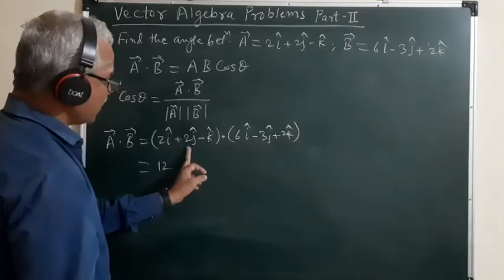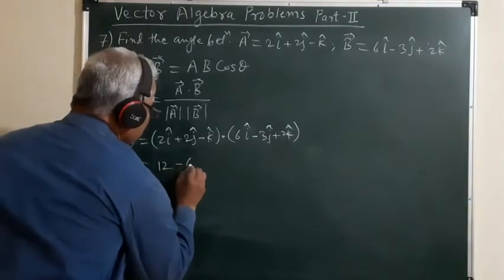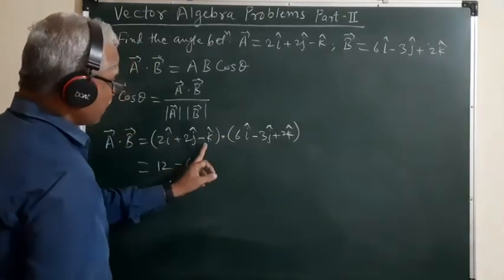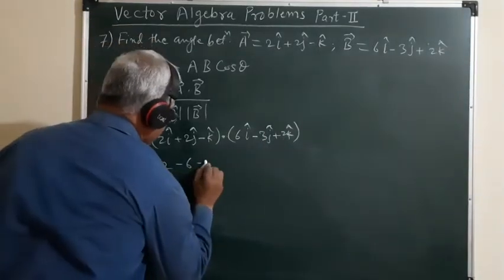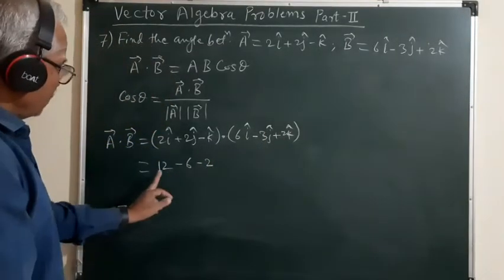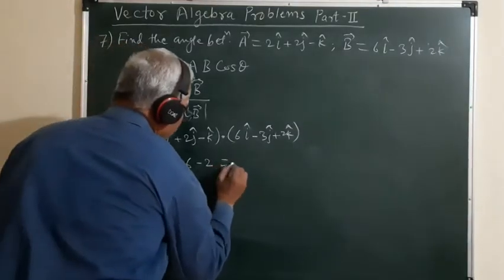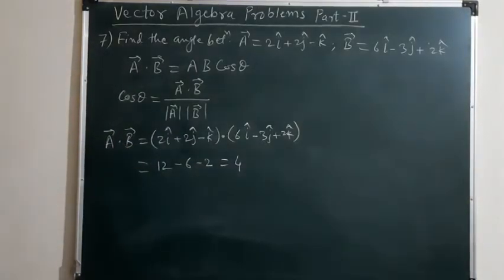So 2j cap into minus 3j cap is minus 6, j dot j is 1, and k dot k is 1, so it is minus 1 into 2 is minus 2. So 12 minus 6 minus 2 works out to be equal to 4. So A bar dot B bar is equal to 4.